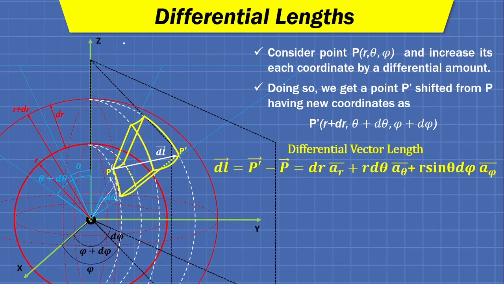So again, if we put the formula, length of arc is equal to radius multiplied by angle. So over here our radius is r and angle is d theta. So this length in the direction of a_theta bar is r d theta.